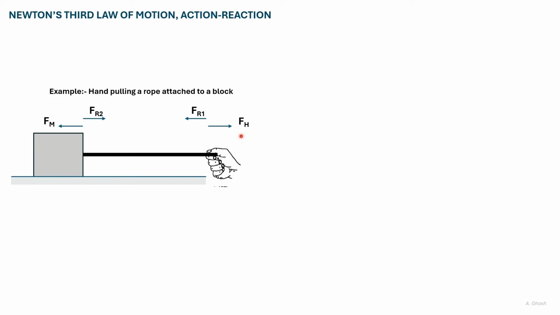Vectorially, we can say that Fh is equal to minus Fr1 and Fm is equal to minus Fr2. Even if the rope has a mass, since there's no acceleration, these forces will be equal in magnitude.